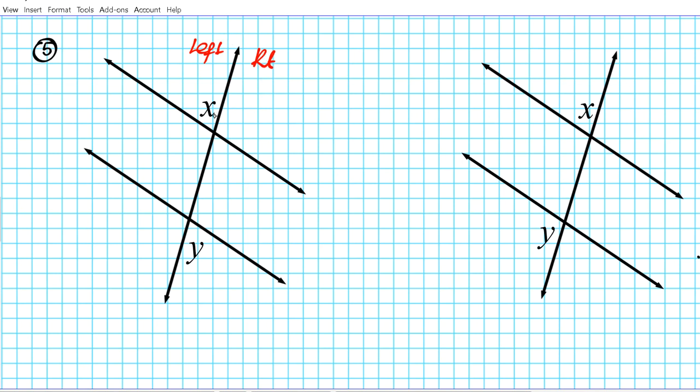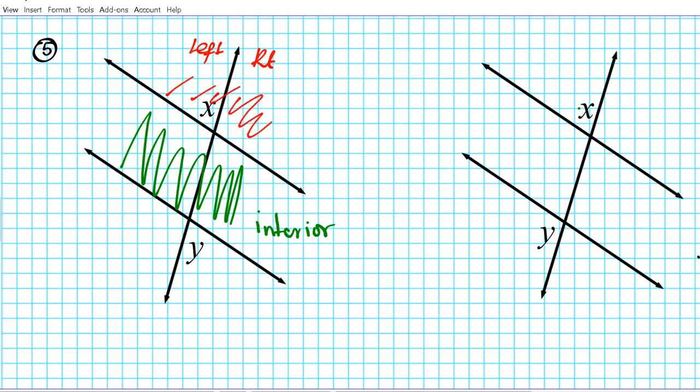So the first thing to note is that the angles are on opposite, alternate sides. Now, are they in the interior or exterior of the two lines? This region right here is called the interior, because it's between the two lines. If you go above or below, you have your exterior.